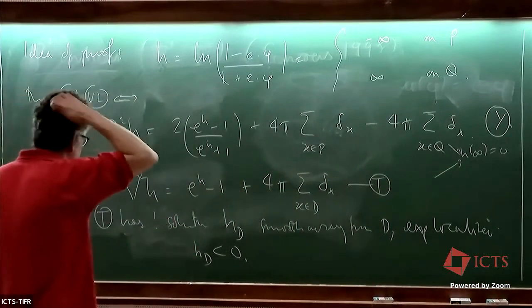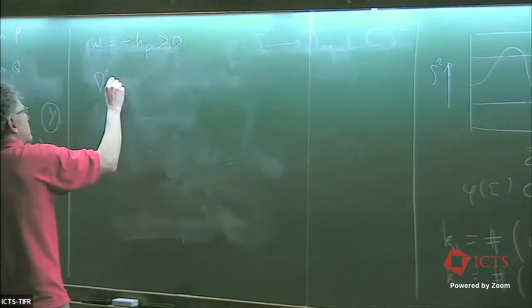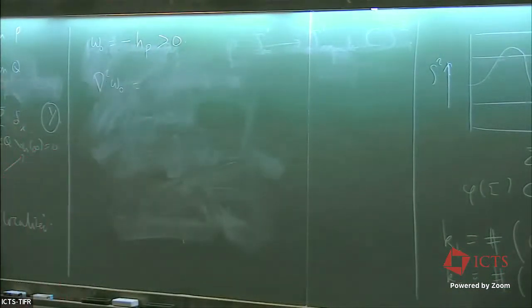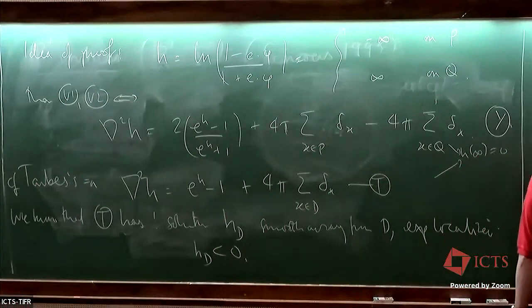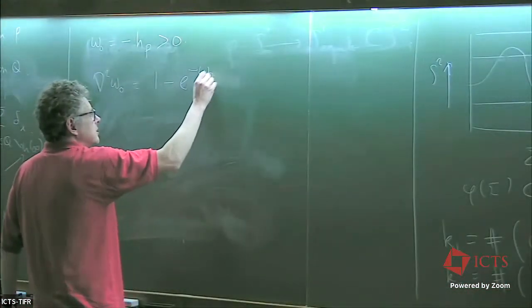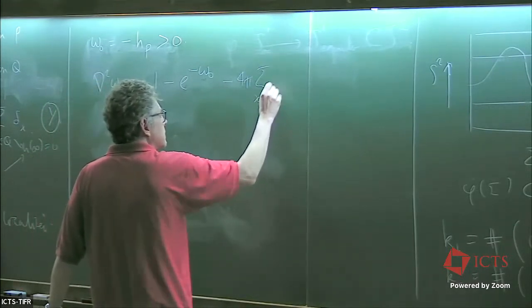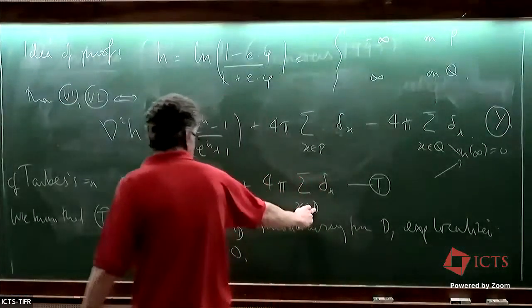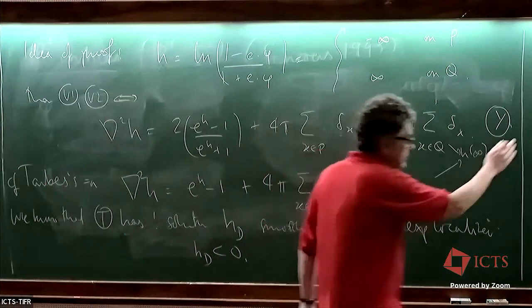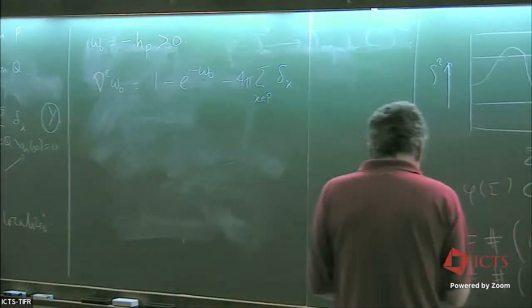All right, so what can we say about this? Well, what can we say about its Laplacian? So that's minus this quantity here, right? So that's 1 minus E to the minus W0 minus 4 pi. Because HP solves this for the divisor P, it follows immediately that the Laplacian of W0 is that expression there.